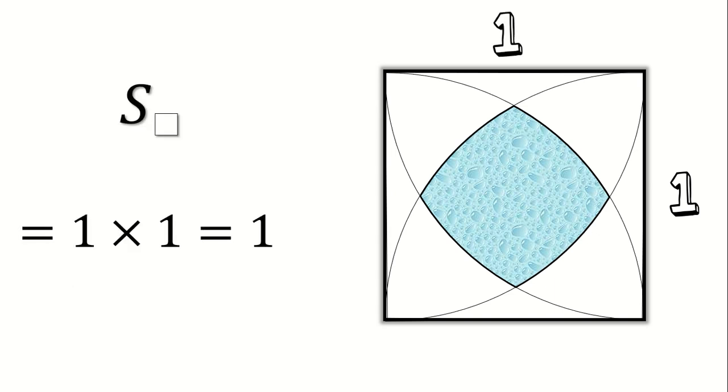So it's better to get the area of the square. So S of square, which I write as S square, is equal to the length of a square times itself. So it is equal to 1 cross 1, which is equal to 1. So the area of a square is equal to 1.